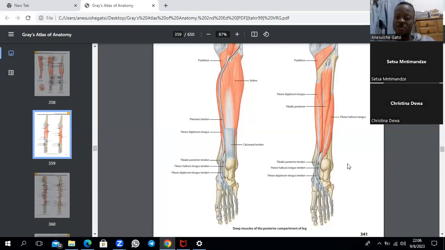Do you guys have questions or things that you want me to add with regards to the leg? Not the foot, not anything else. The retinacula and the ankle we would do separately. Then the foot, we do it separately.